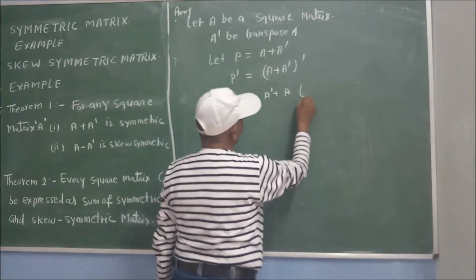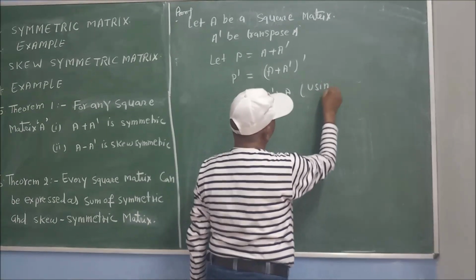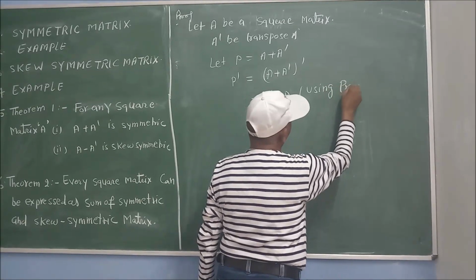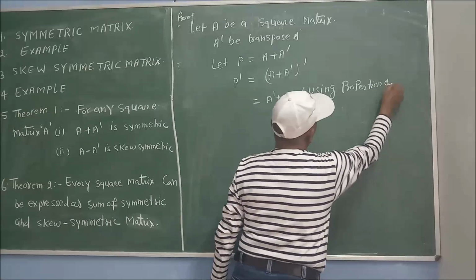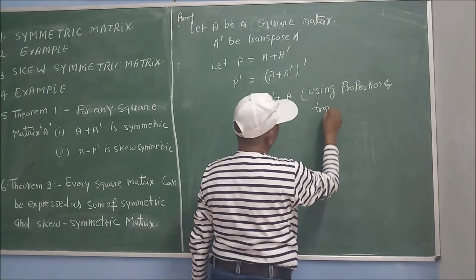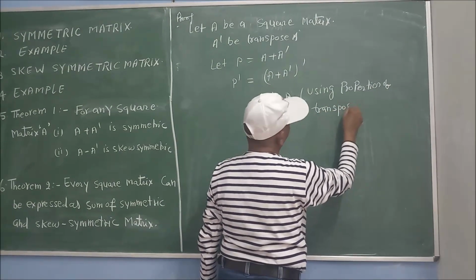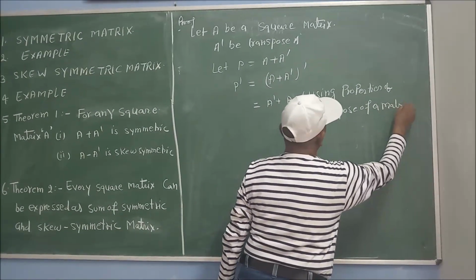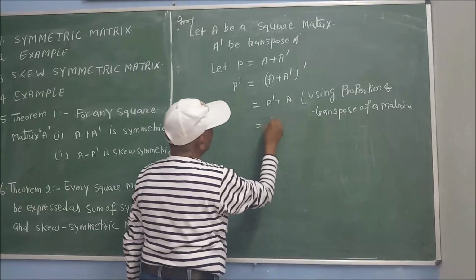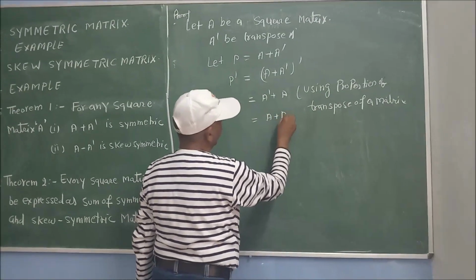So using the property of transpose of a matrix, this can be written as A plus A dash if we arrange it.